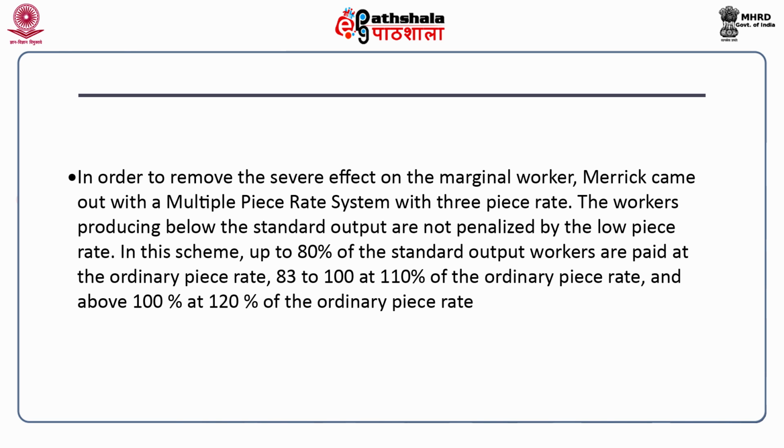In this scheme, up to 80% of the standard output, workers are paid at the ordinary piece rate, 83 to 100% at 110% of the ordinary piece rate, and above 100% at 120% of the ordinary piece rate.